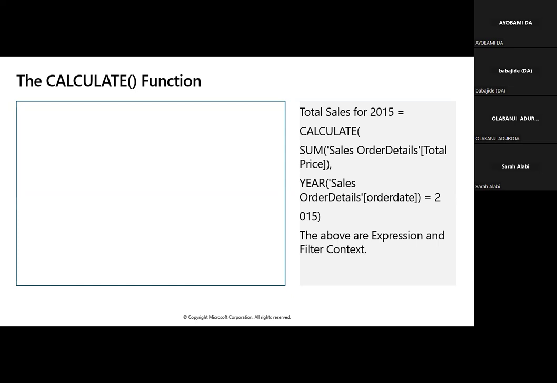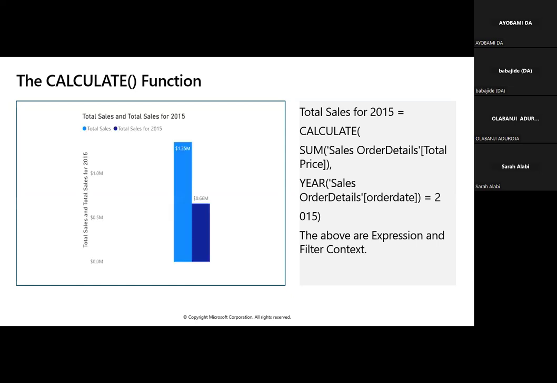So I will use the sum of total price where the order date year is 2015. The above will just give me the sum of 2015 alone. You will not see any other thing. Okay, we will see that. Let's move on.